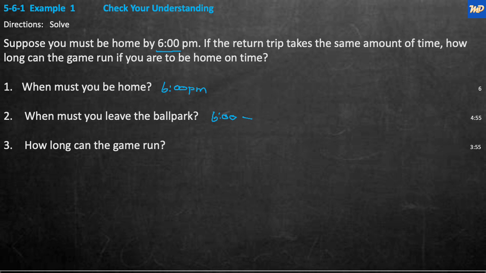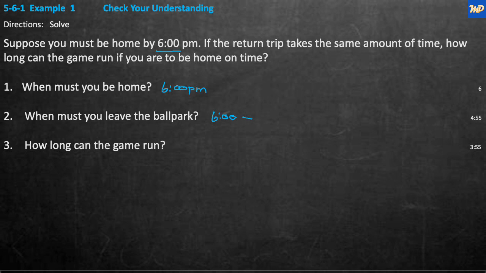But we allowed 30 minutes of getting a hot dog and a Coke at the concession stand or finding our seat. So we don't have to do that now. We're just going to get up and leave the park and go to the train station. So it's 95 minutes, and we can subtract the 30 minutes that we wanted to spend getting from the door of the stadium to our seat.